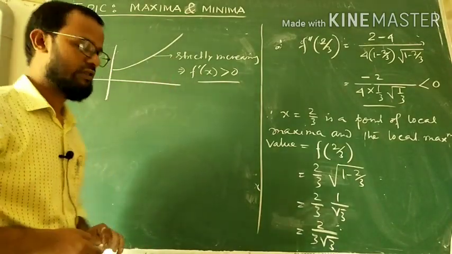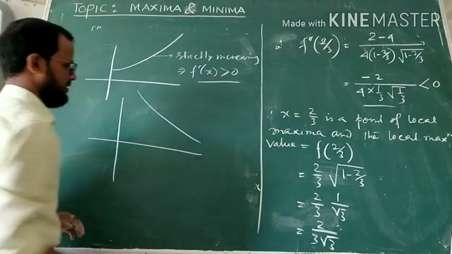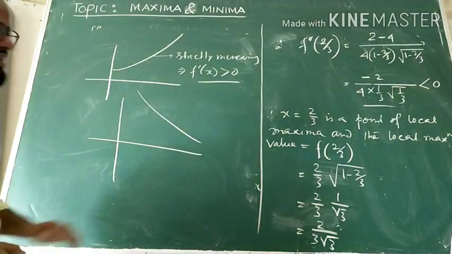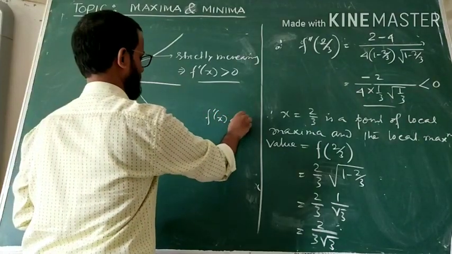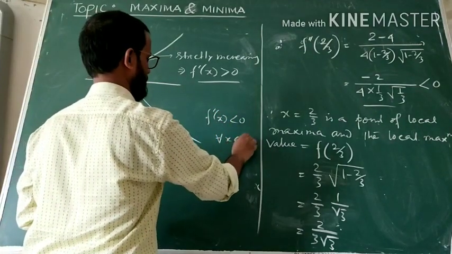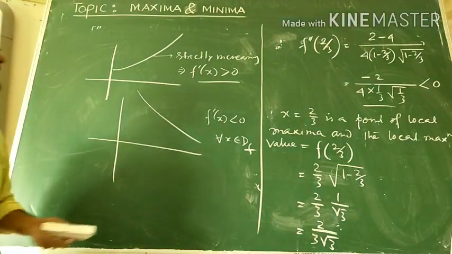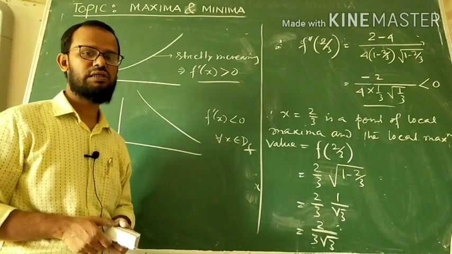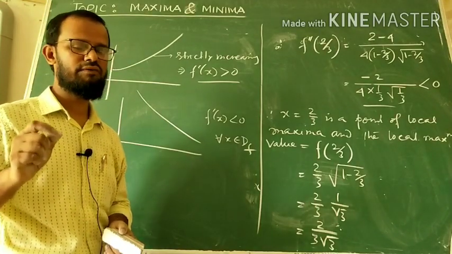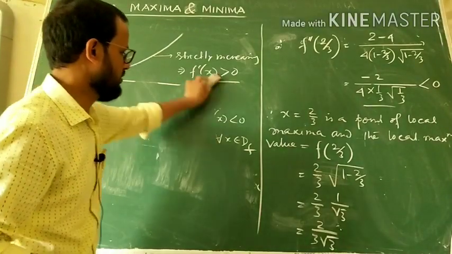Similarly, if the function is strictly decreasing, the function has neither, because f dash x is less than 0 for all x belonging to the domain of the function. Whenever a function is strictly increasing or strictly decreasing, there is no chance of getting local maxima and local minima. This is a very important concept.